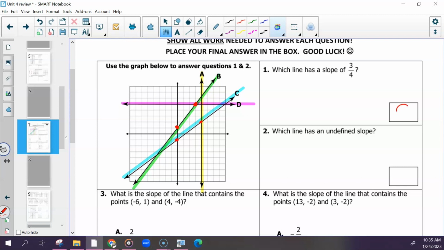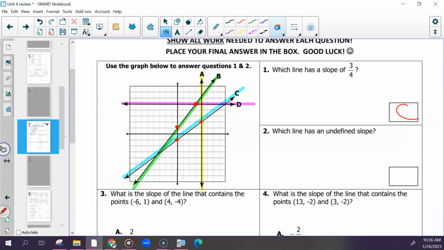It is C. Questions on 5 or 6? Then go on to the next page.